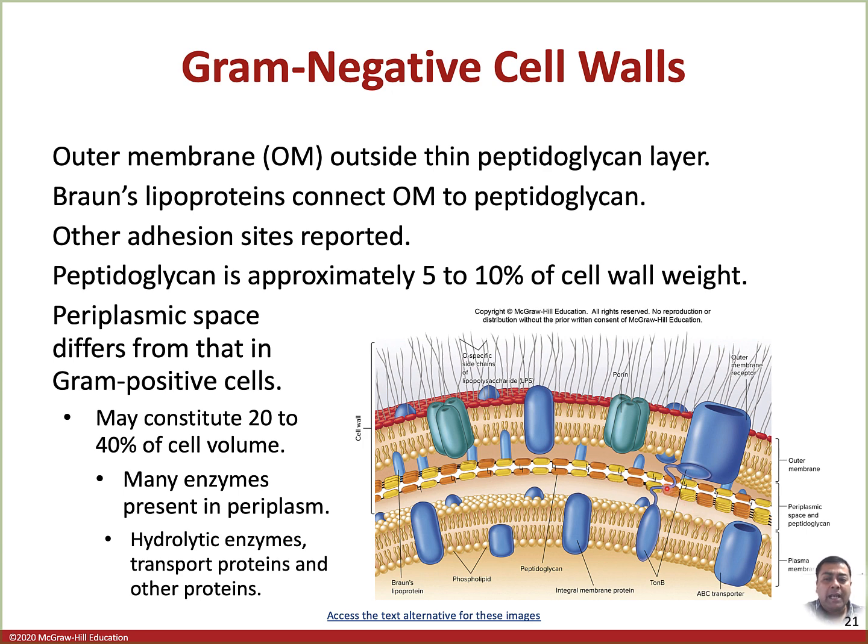Once the molecules enter the periplasmic space, they can get into the cell by ABC transporters, known as ATP binding cassette transporters. We have talked about that in cell biology.